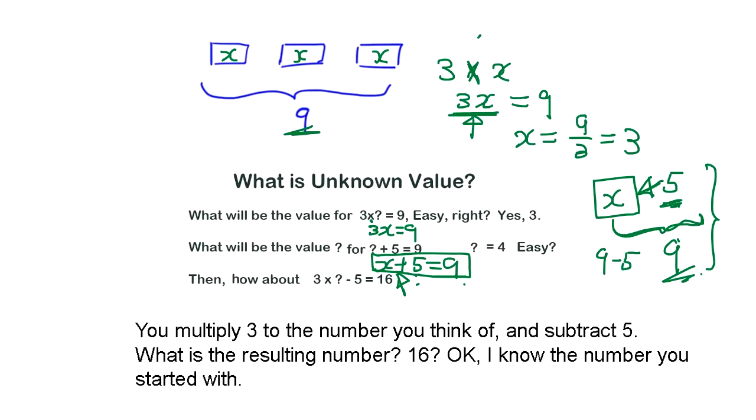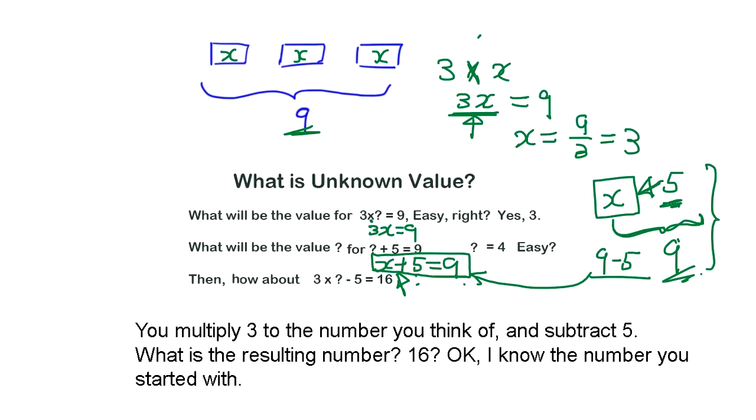So this is translating the problem into one equation using an unknown value. This is very convenient because we don't know the number, but it is there, so we put x. So in this case, how do you figure it out?